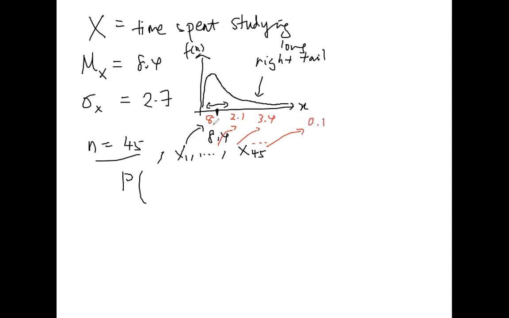You get a whole bunch of these and you can find an average for them. Now the question is asking, before you even calculate this, what's the chance that your sample mean lies between 8 and 9?